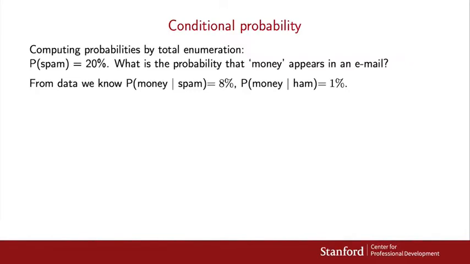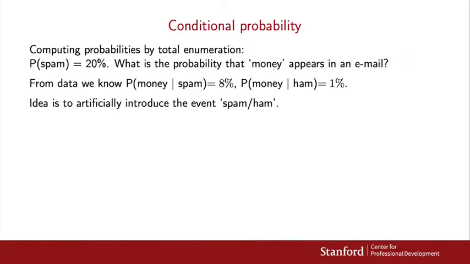But I want to know the probability of money, and I only have the conditional probability of money given spam and ham. So the key idea here is to artificially introduce the event of whether we have spam or ham.